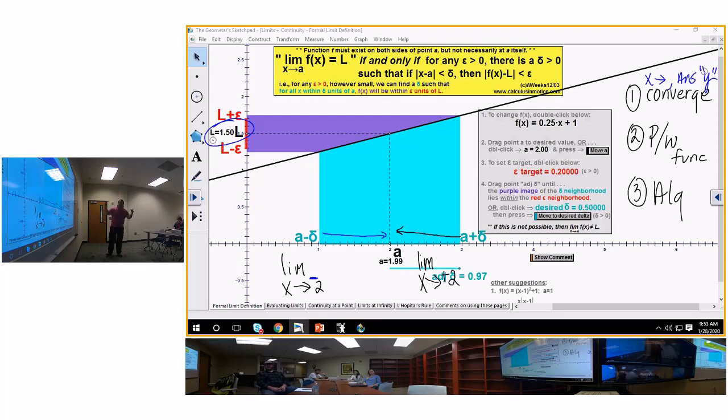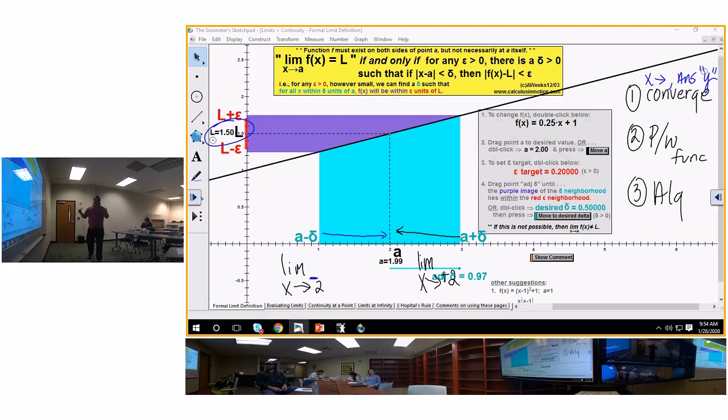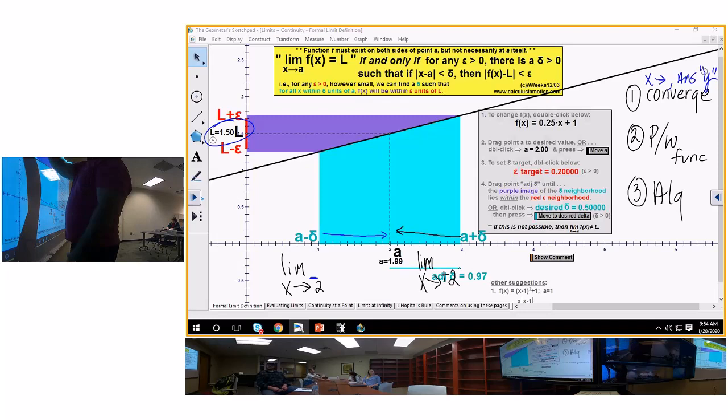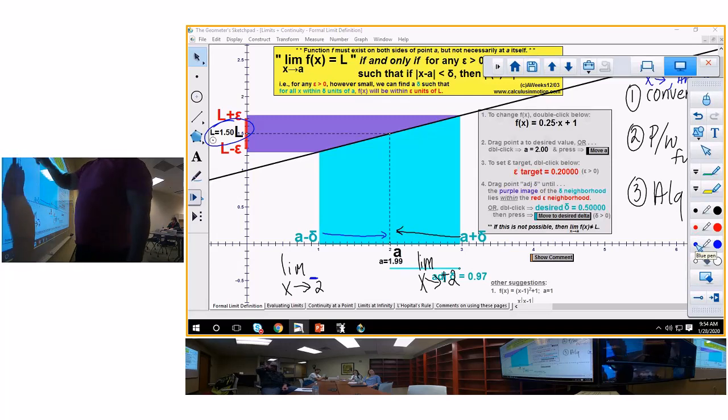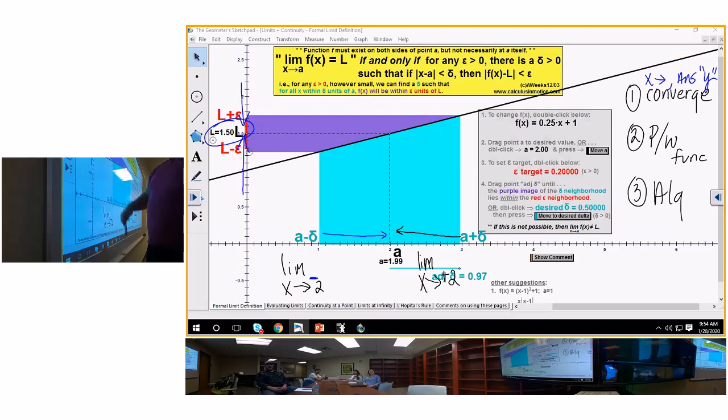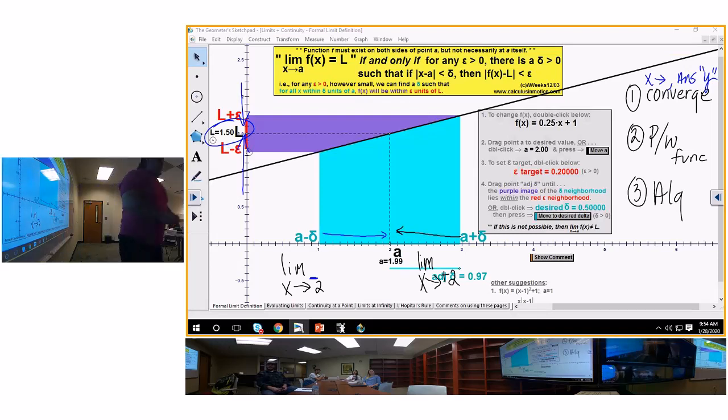Now, the purple and the aqua regions are basically teaching you the squeeze theorem, that if the blue converges onto 2, the purple is going to converge onto 1.5. Now, I know some of y'all are saying, well, golly, that's easy to know. Well, you'll be surprised how many people have gone through algebra and calculus and don't even know the squeeze theorem, or what it's called.